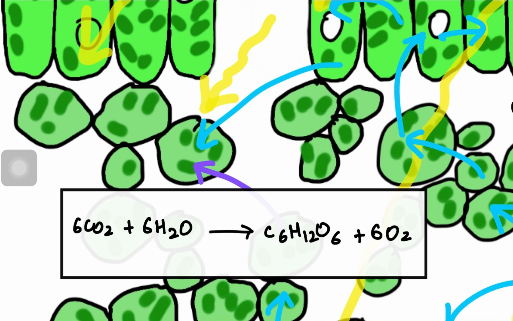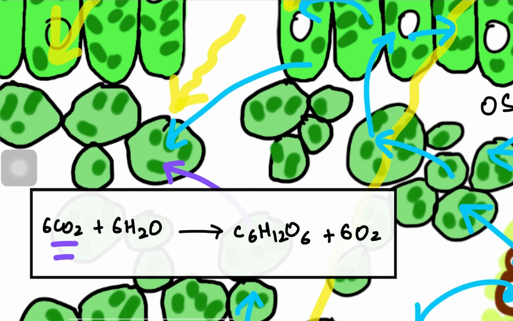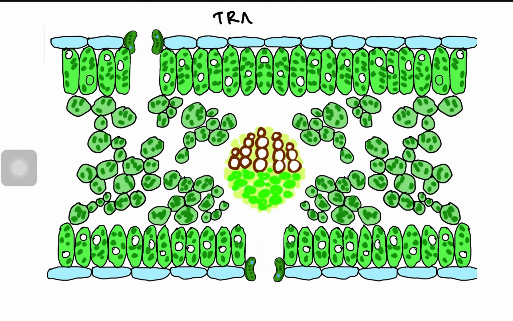This process is not very simple, but for O levels that is okay. So carbon dioxide comes by diffusion through the stomata, water comes through xylem using osmosis, light energy is available, and then finally you get glucose, which is our sugar product, and oxygen, which is our byproduct. Oxygen goes out during the daytime.